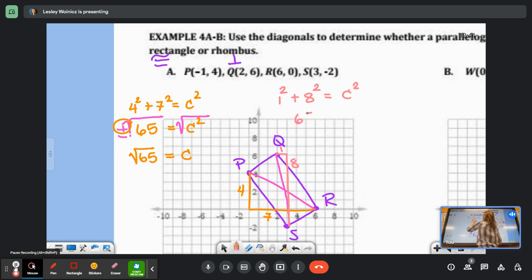I'm getting 65 again. When I take the square root, I get 2 answers. I just want the positive one. So root 65 again for the c. So those are actually congruent. So what do you think, guys? Rectangle or rhombus? Rectangle.